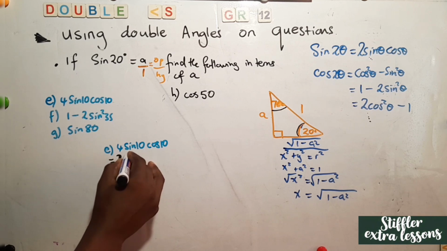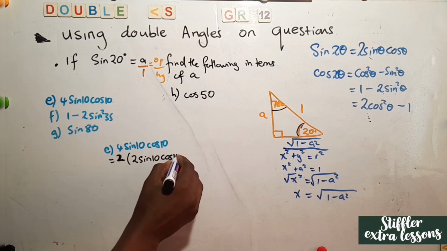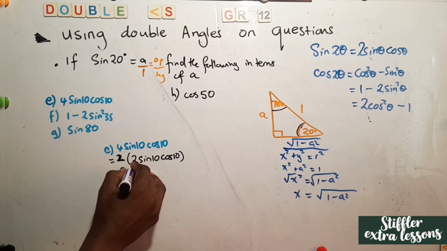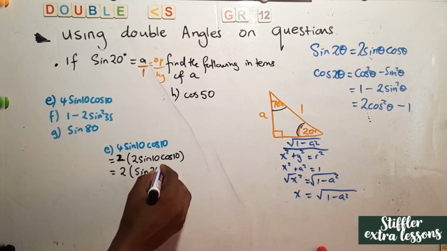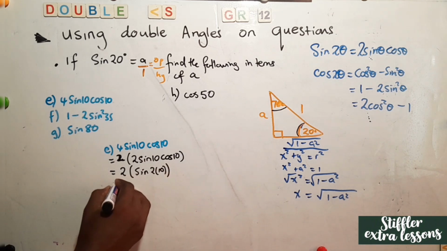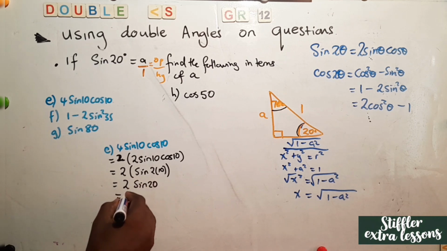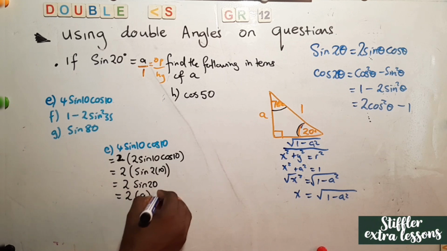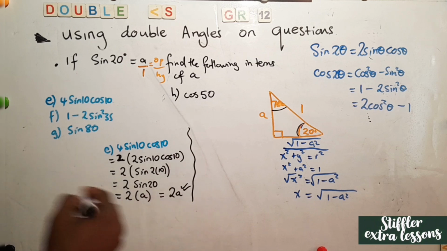If we factor out 2, it will remain as 2 sine 10 cos 10. So that will make this the same as 2 sine of 2 multiplied by 10. So this is equivalent to 2 sine of 20. And sine of 20 already, we saw that sine of 20 is a. So our answer will be 2a, like that.